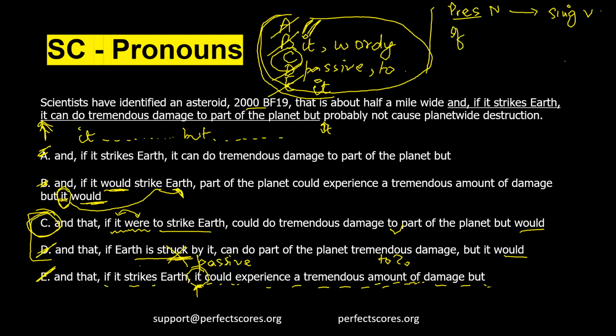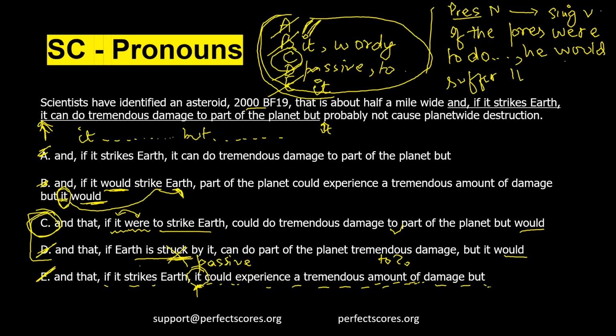For example, if the president were to do something, he would suffer the results. But this is a fake situation that is happening. Even though the president is singular, we are using were for that president.